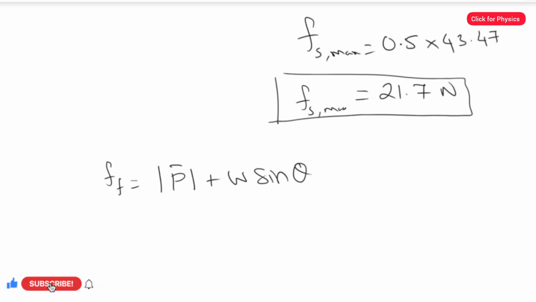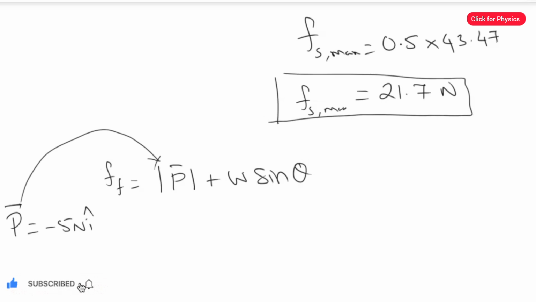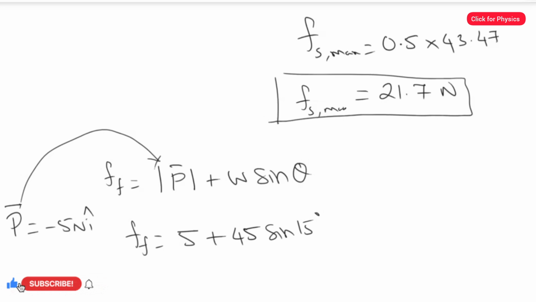Let's substitute our first value. Here we substitute minus 5 Newton I cap. I'm going to consider only the magnitude of this value. The magnitude of a negative is positive, right? So the magnitude of minus 5 is 5, plus the W value, 45 sine of 15 degree.